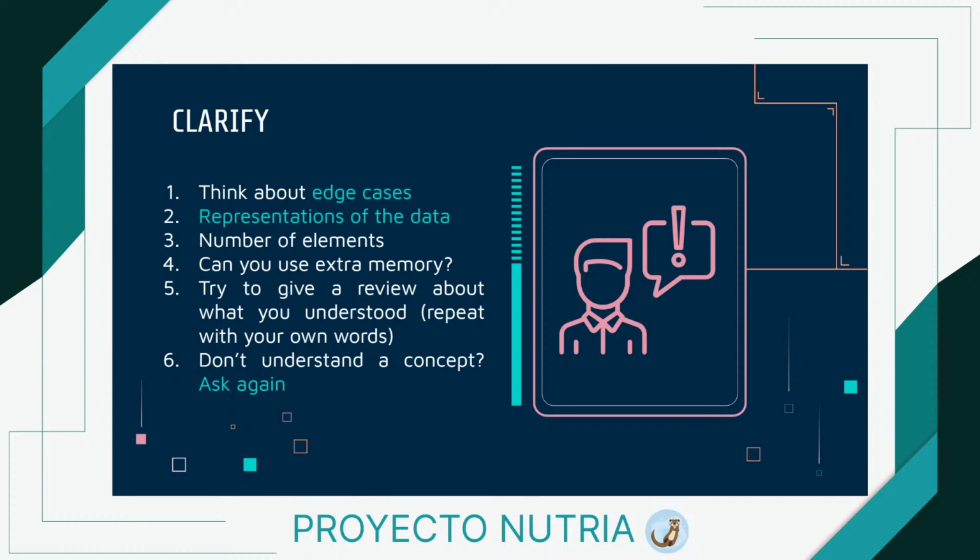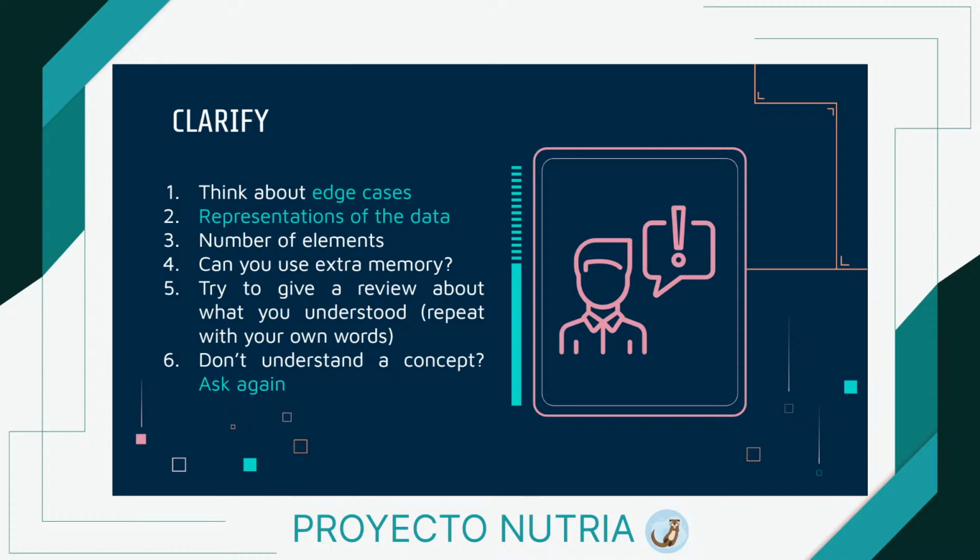Next one, please. I only want to add that another way to clarify is using examples. Usually, the examples that the interviewer gives you are not really relevant or useful for you. It's like the common case. So you can start putting in examples and say, okay, if I have this input, this could be the output.